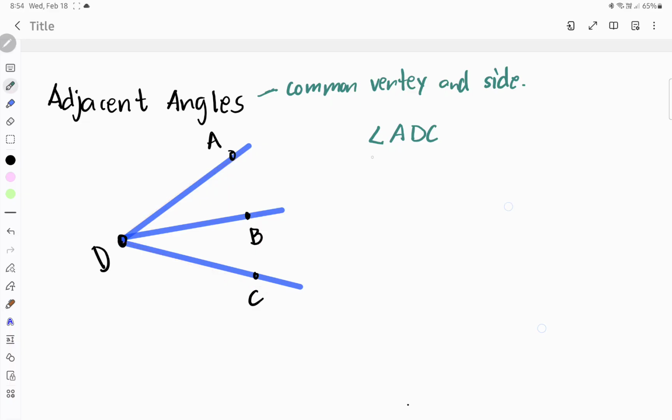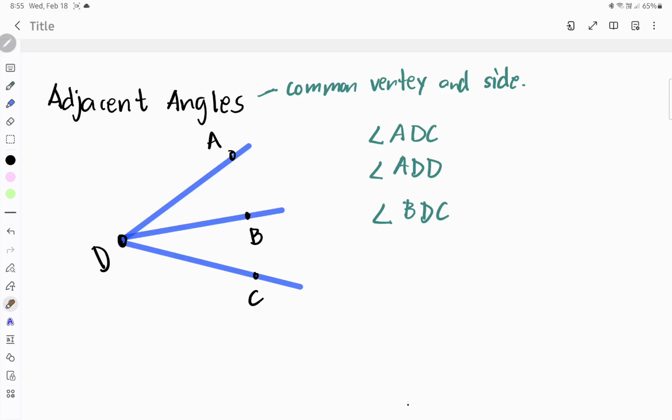Another angle is angle ADB, whose opening has sides AD, or DA, and DB. And then we have another angle, angle BDC, as you can see here.